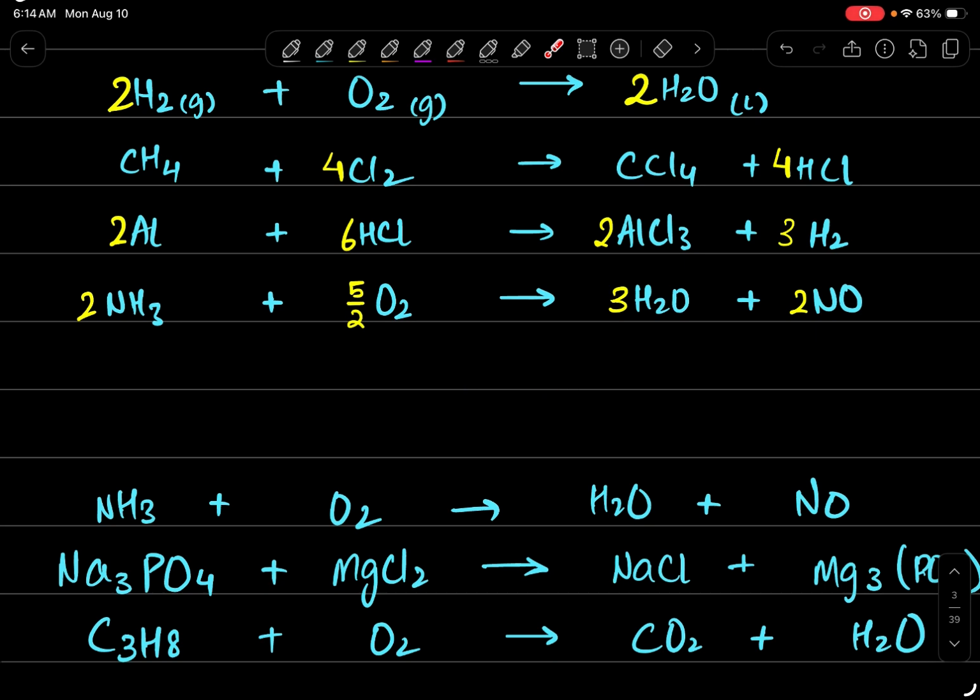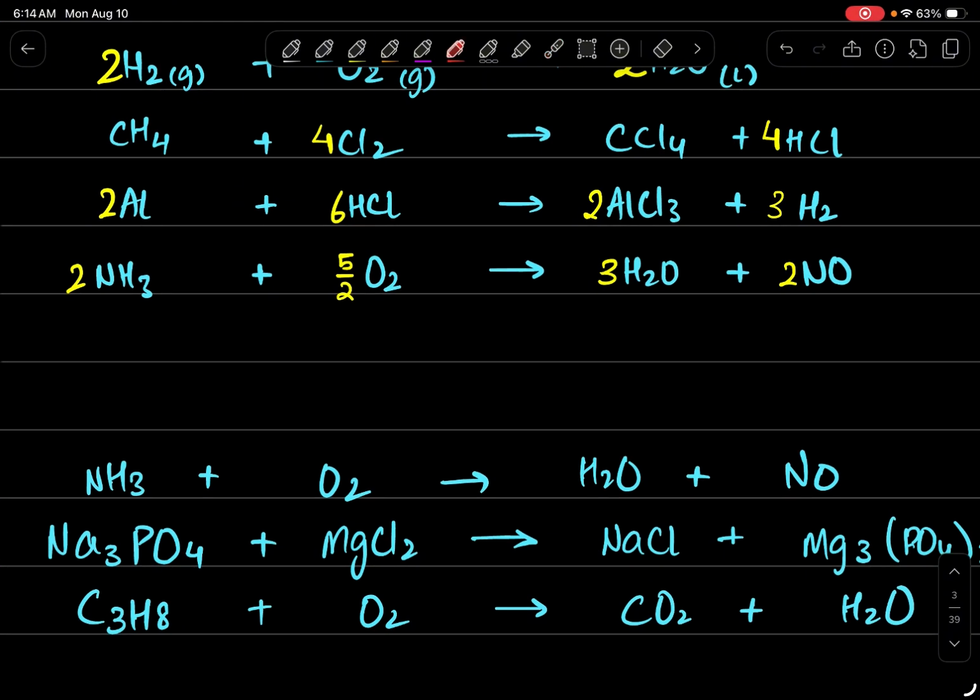Or 2.5. So now we are multiplying an equation by a fraction, right? So we multiply by 2. So what's the rule?